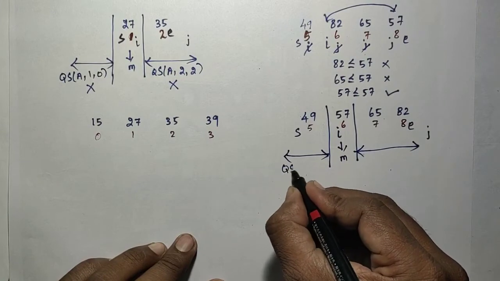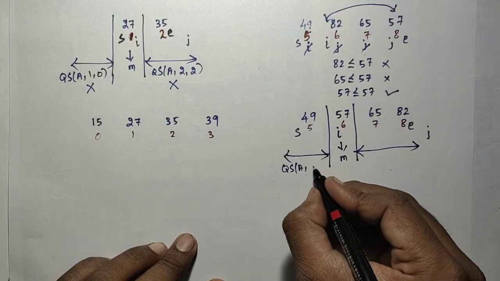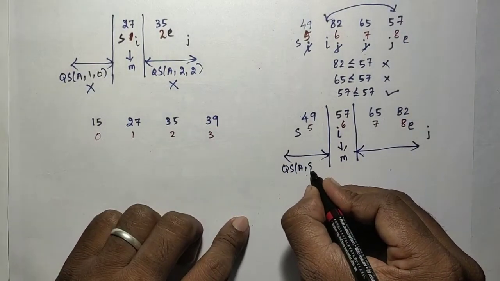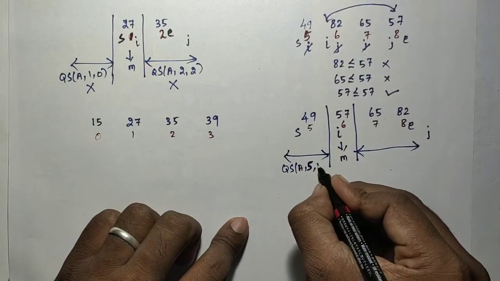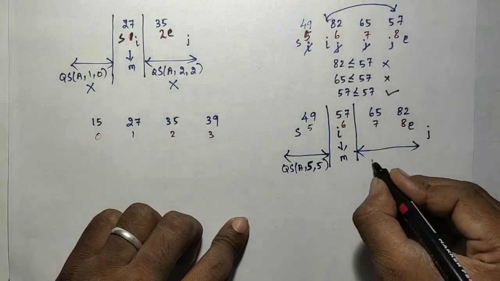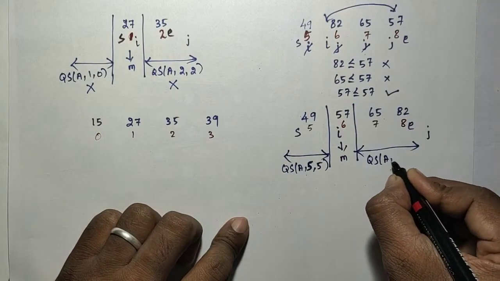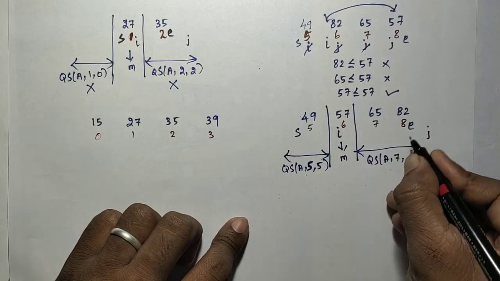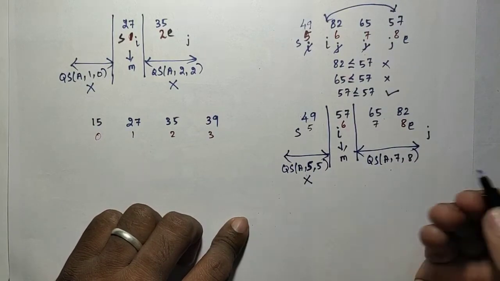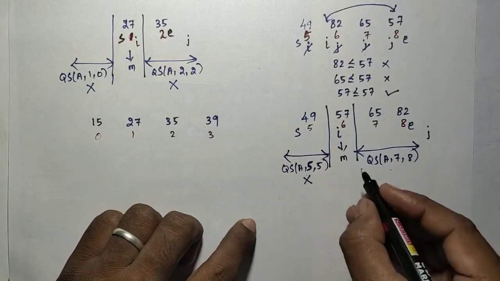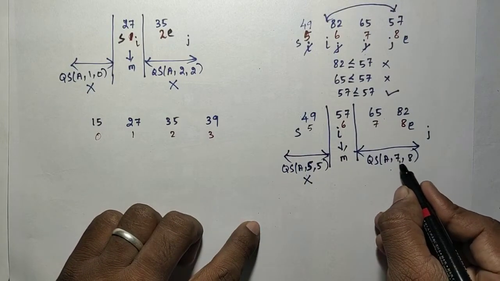Quick sort of A, S, m minus 1, S is 5 and m minus 1 is also 5, so 5 comma 5, and then on this side quick sort of A, m plus 1, which is 7, to E, which is 8, so 7 to 8. Here 5 to 5 will not do anything, so it will be the same. So now I need to apply the quick sort only for 7 to 8.